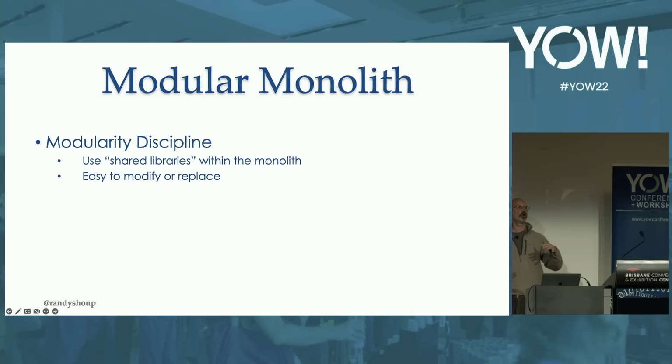So I think it's really important that, even though there's no enforcement of that modularity through the physical structure, we do that as a discipline within our development team. And to the extent that we use modules or shared libraries within that monolith, it makes it easy to modify and replace them, and it also sets us up well for the future when we want to break this up.